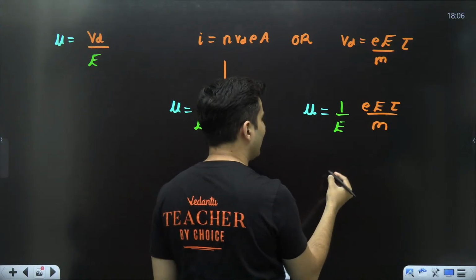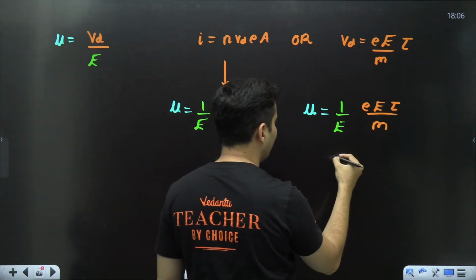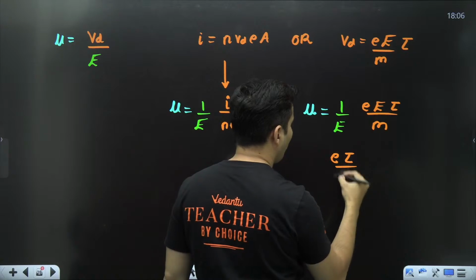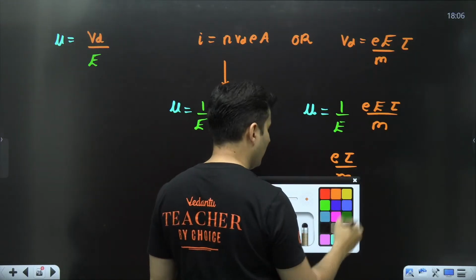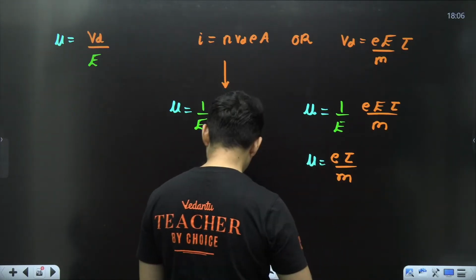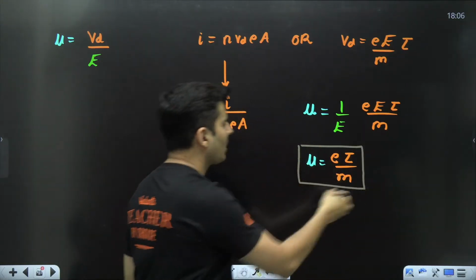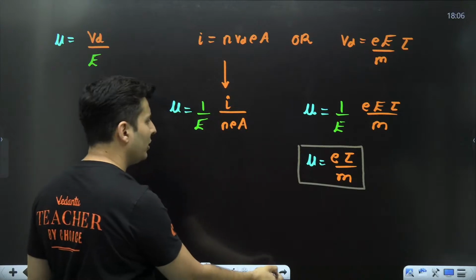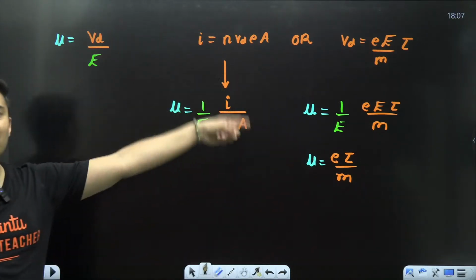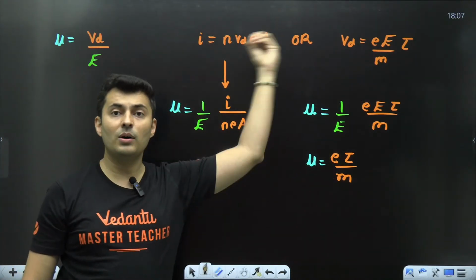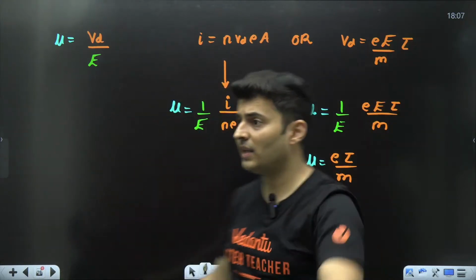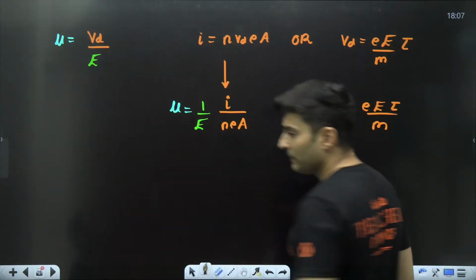Best part is E will cancel, and I will be left with e tau by m. That becomes your mobility. Generally, many questions also use this formula. No need to learn this by heart, but I'm just telling you, you can substitute any of the previous formulas over here instead of drift speed.